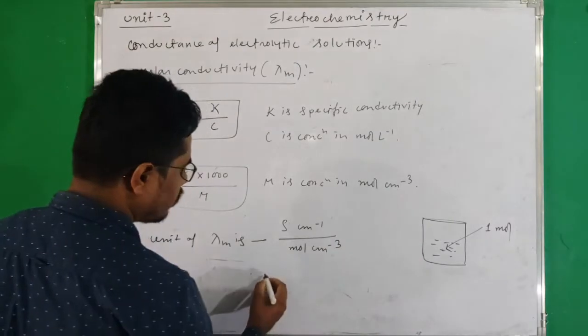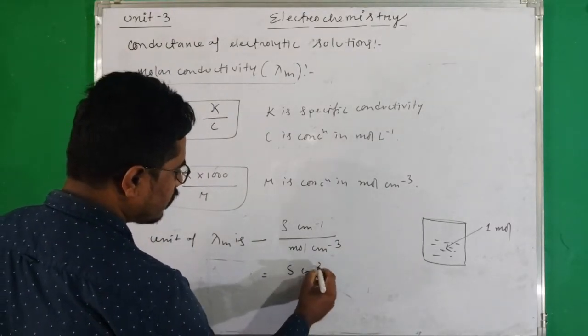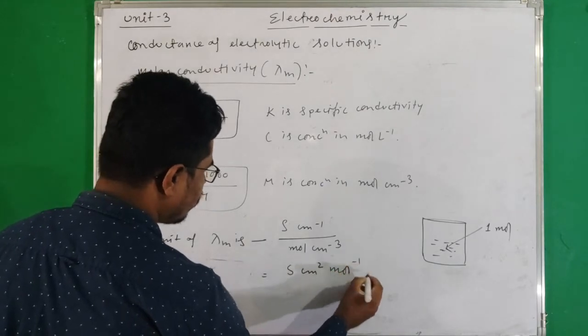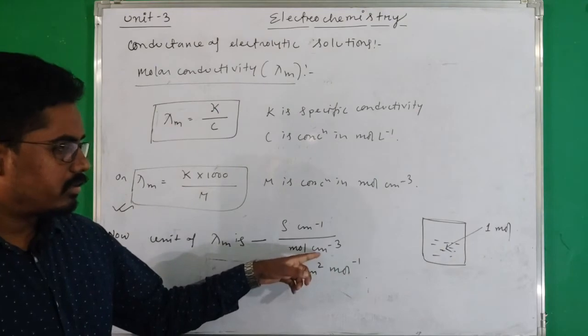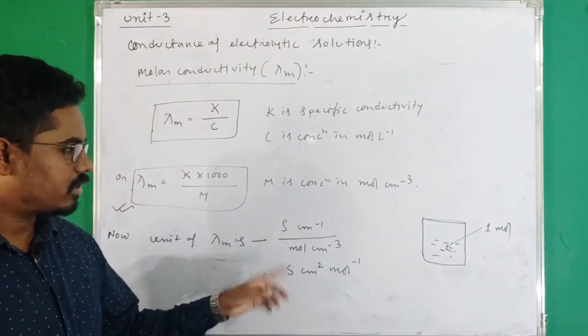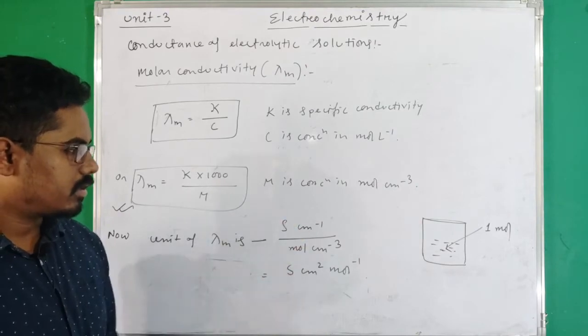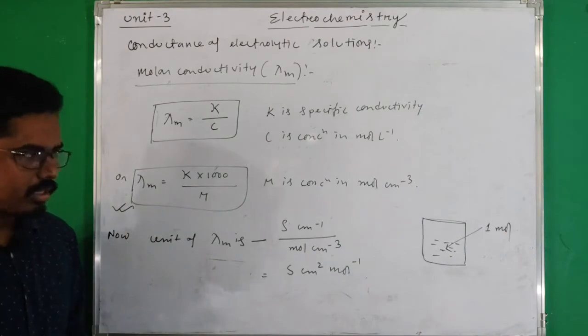Therefore, the unit will be Siemen centimeter square per mole. This term will convert it into centimeter to the power minus 2, and finally it will become centimeter square. So Siemen centimeter square per mole is the unit of molar conductivity.